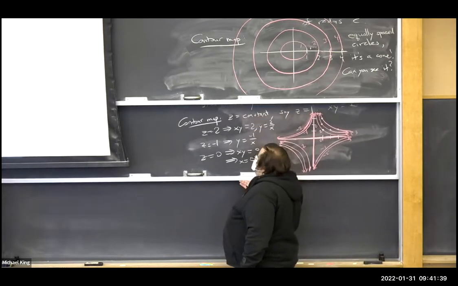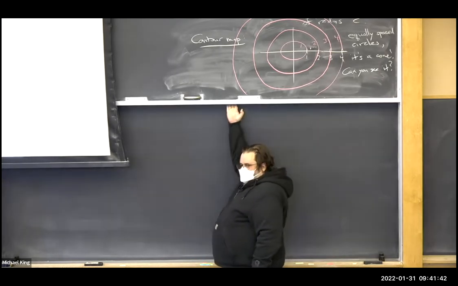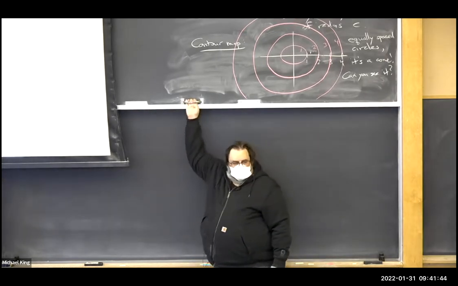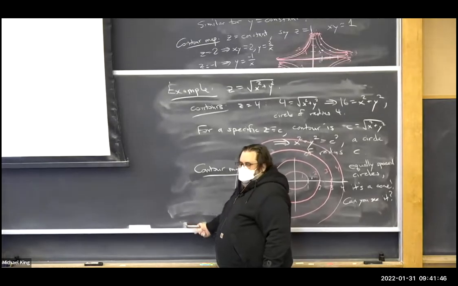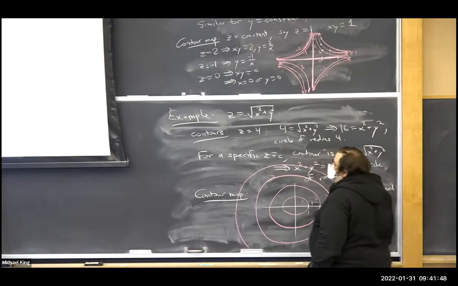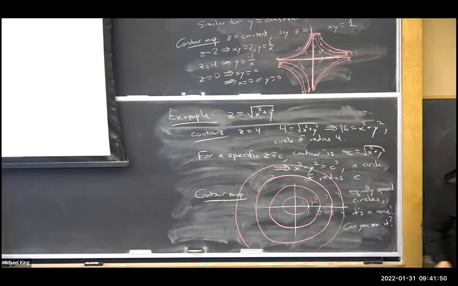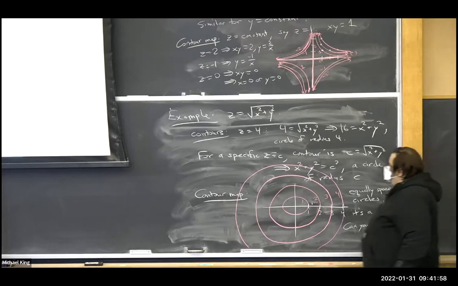Let's do another example. Maybe I'll give you more time to think about it and try to tell me what's going on, rather than me just doing the work. So z equals x squared plus y was the next one I wanted to mention.